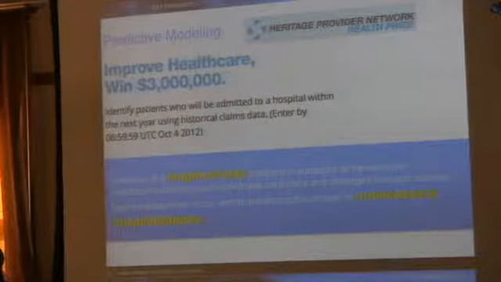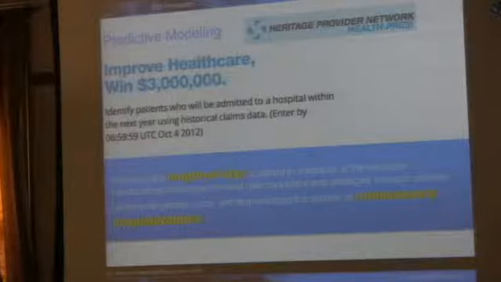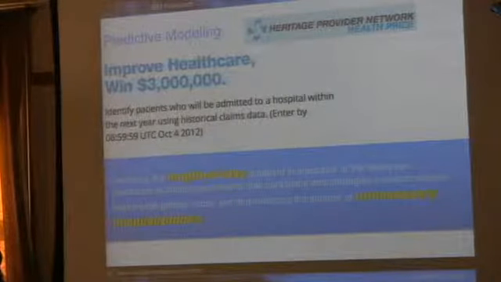This is the famous Heritage $3 million prize prediction, and the goal is to predict the length of stay of a patient in a hospital in the next year. With advanced techniques, healthcare providers can develop new care plans and strategies to reach a patient before emergencies occur, and thus reduce the number of unnecessary hospitalizations.